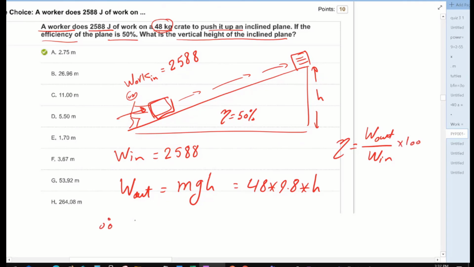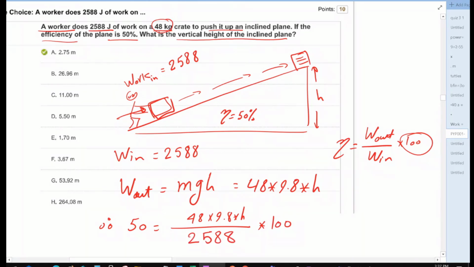So 50% equals output work, which is 48 times 9.8 times h, times 100, because there is 100 here, divided by the input work, which is 2,588.